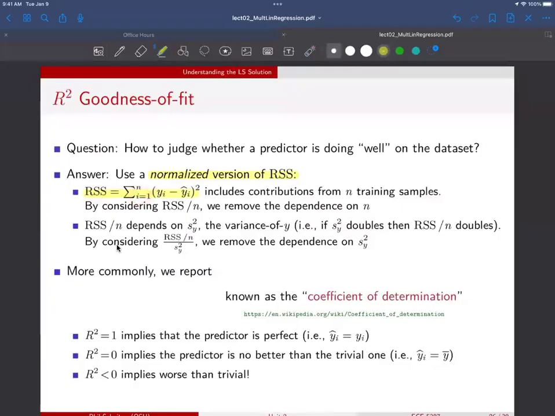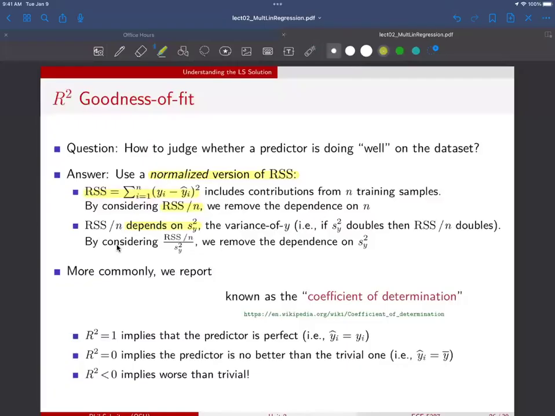So a sensible thing to do is to always divide your RSS by the number of samples, and then you get a sample invariant quantity, which tells you, in a certain sense, how well you're doing. But there's one other issue, which is that the RSS depends on the variance of your training labels, this SY squared.